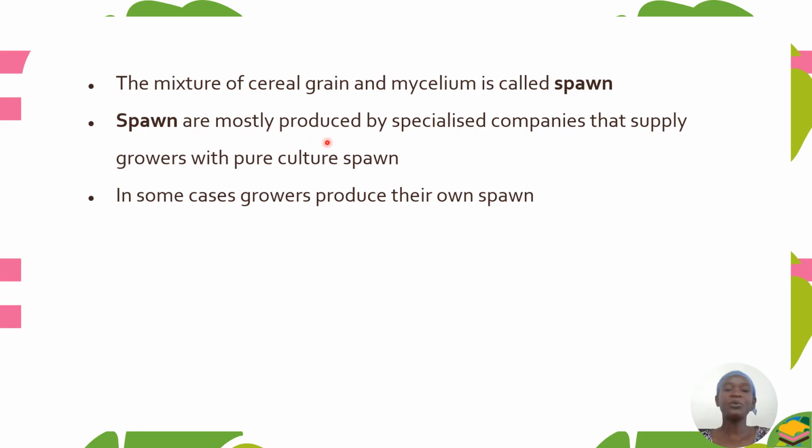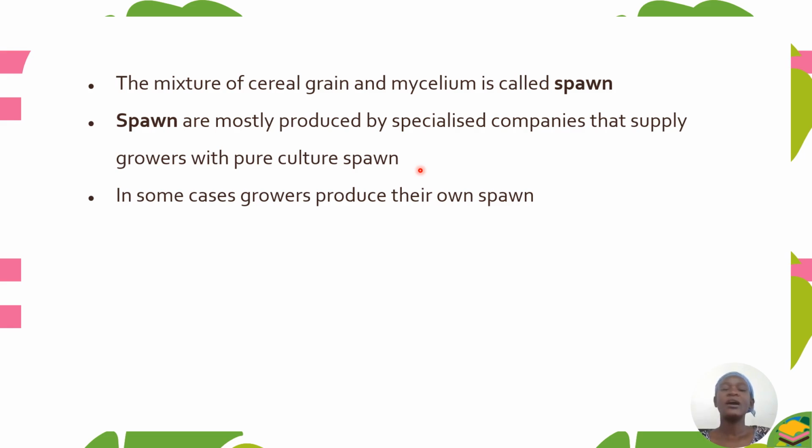Usually the farmers will grow the already made spawn. Spawn is mostly produced by specialized companies that supply growers with pure culture spawn. We do not grow the spores directly, but first the spores will grow into mycelium.